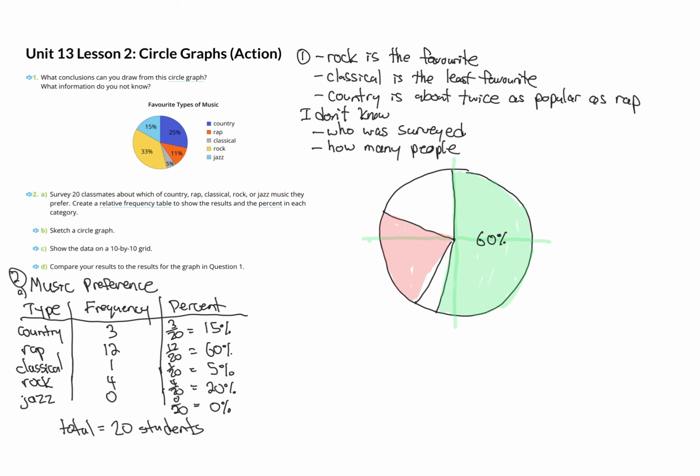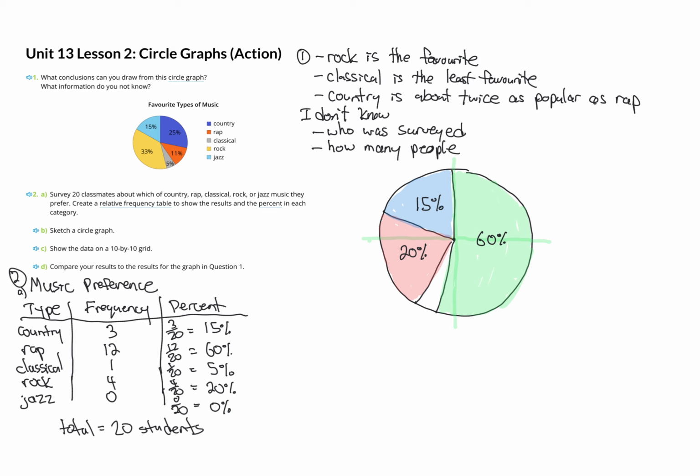So I'm going to call this one rock. And rock was 20%. Oops. And then this one that's a little smaller than the 20% is country, and that is 15%.